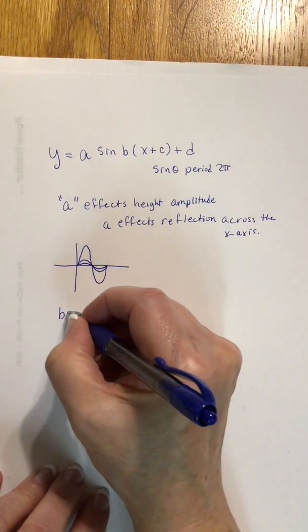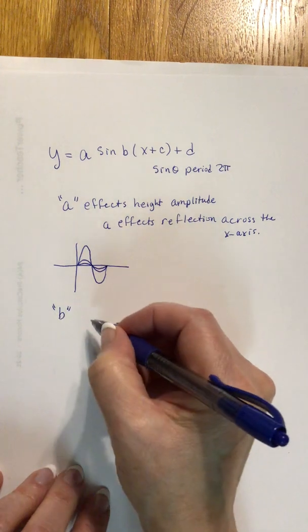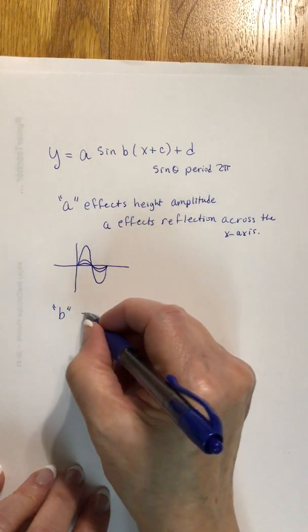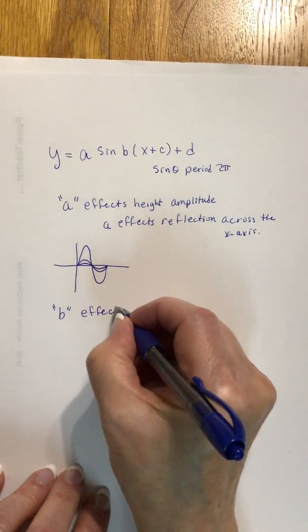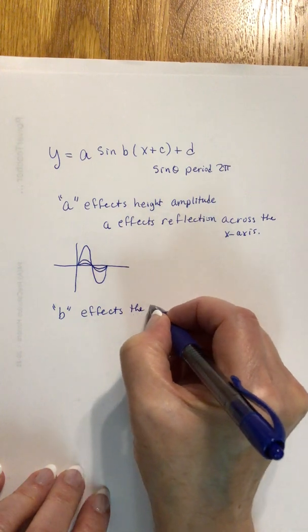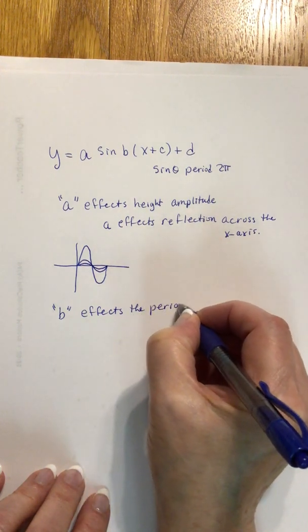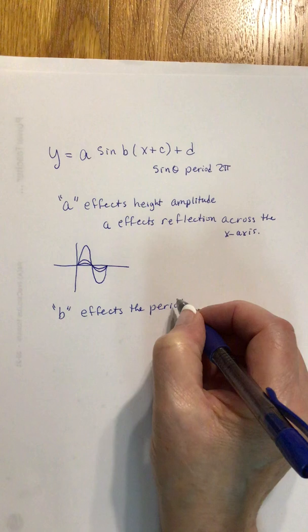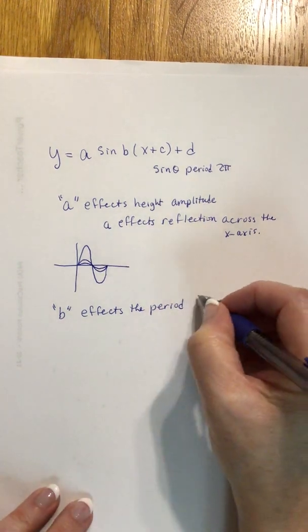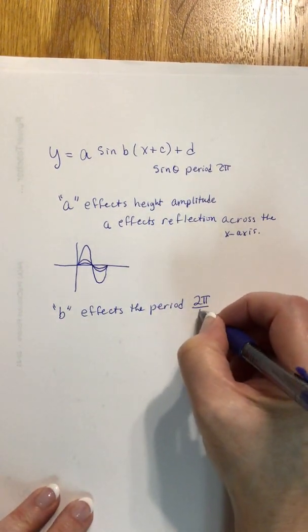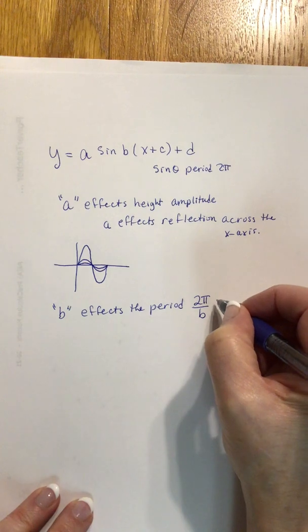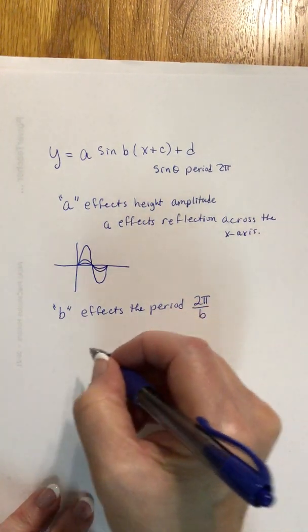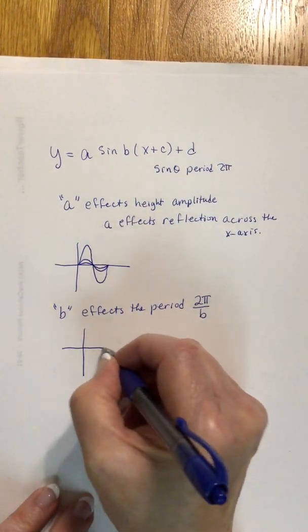Okay, the b affects the period. So we said that our period was 2 pi, so we're going to take 2 pi and divide by b, which would give us our new period. So what that would look like is something like this.